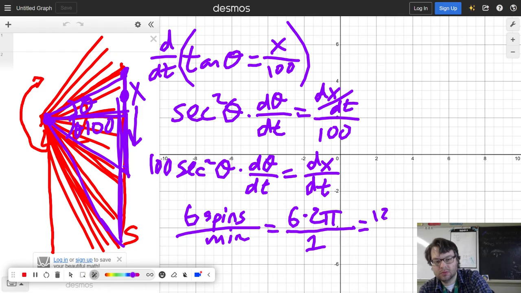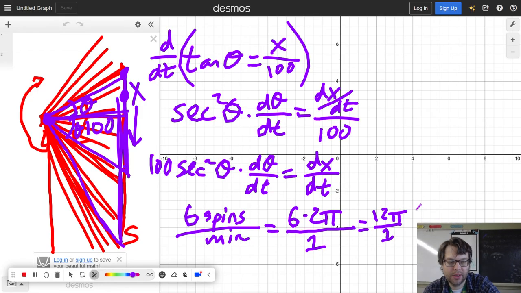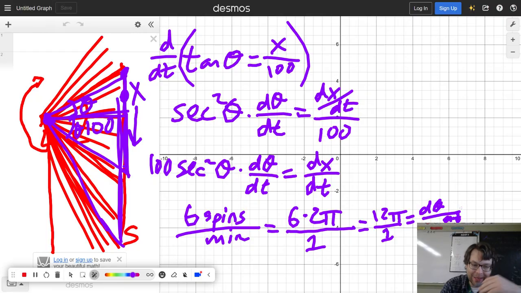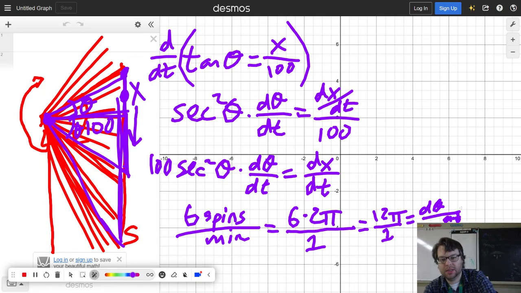So that's 12 pi over 1. And you can look at your units here, d theta dt. The units match up. Theta is 12 pi. That's how many thetas it does in 1 minute. That's dt.